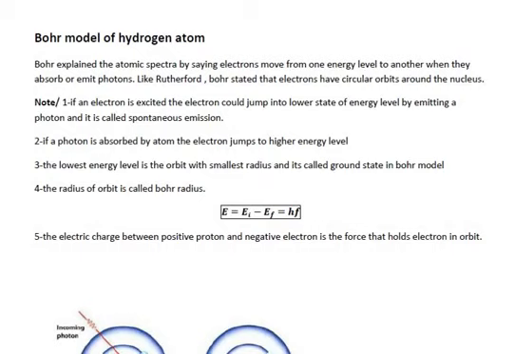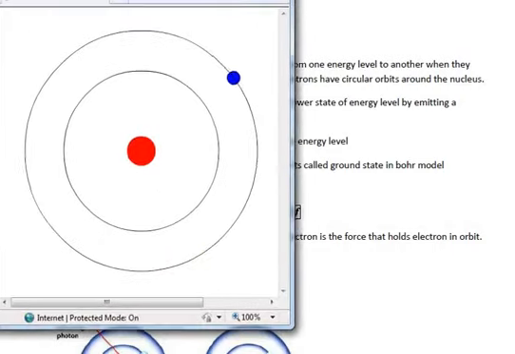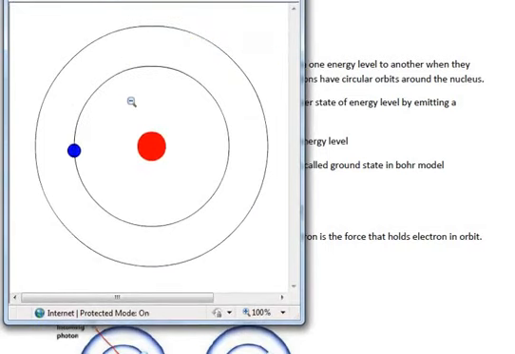To understand it better, you can see this demonstration here. It shows us how an electron gains energy here. As it gained energy, it jumped to a higher state. This state is called the excited state.